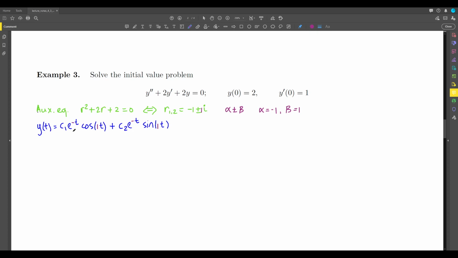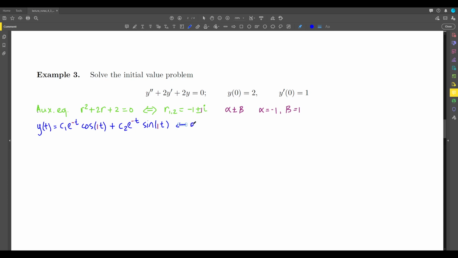Now, all that is left to do for us is to find out what C1 and C2 are. And this is kind of the hardest part of this problem, in the sense that it's quite a bit of work.